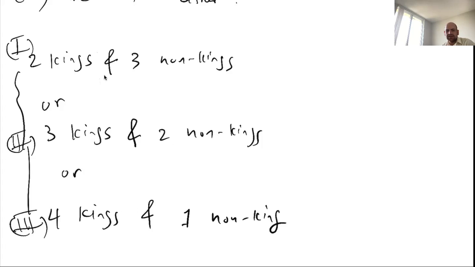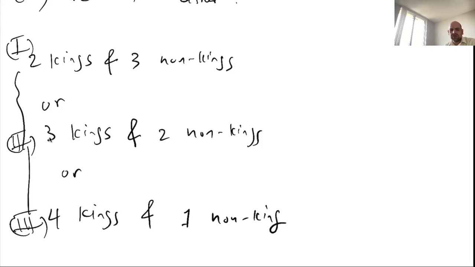Here, these sets are pairwise disjoint because if you have 2 kings and 3 non-kings, then you cannot have 3 kings and 2 non-kings at the same time, right? So there is no common element between them. Pairwise disjoint means what? 1 intersection with 2 is empty, 1 intersection with 3 is empty, and 2 intersection with 3 is also empty.